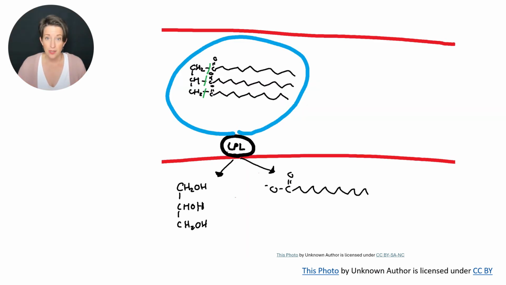Once we're in the blood, we are going to transport the triacylglycerols to either muscle tissue or to the liver. Once the chylomicron gets to the site in which it needs to provide the triacylglycerols, this could be muscle tissue or liver tissue, within our capillary walls, we have embedded enzymes.